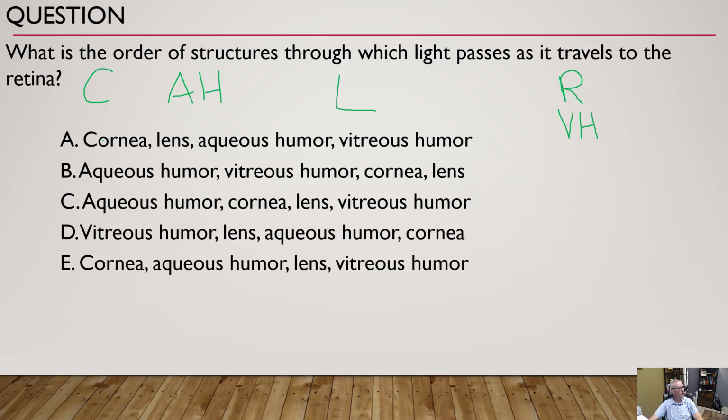Let's see. Okay, so cornea, lens, aqueous humor, so that one's out. We know our cornea is first, so that one's out. Cornea first, that one's out. Okay, so cornea, aqueous humor, lens, vitreous humor. So that one's going to be our answer.